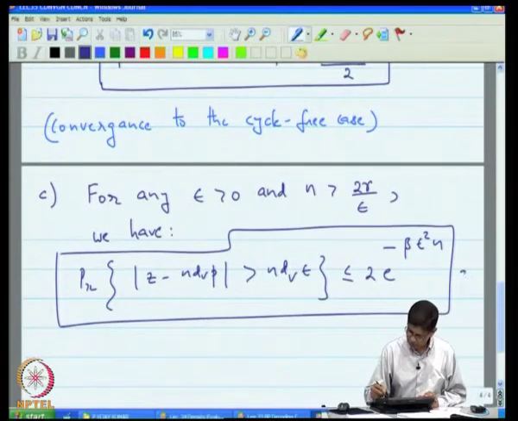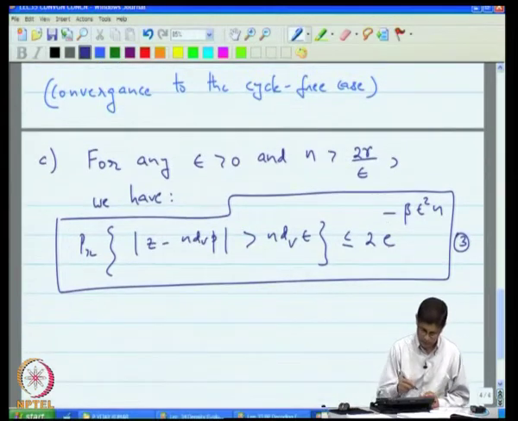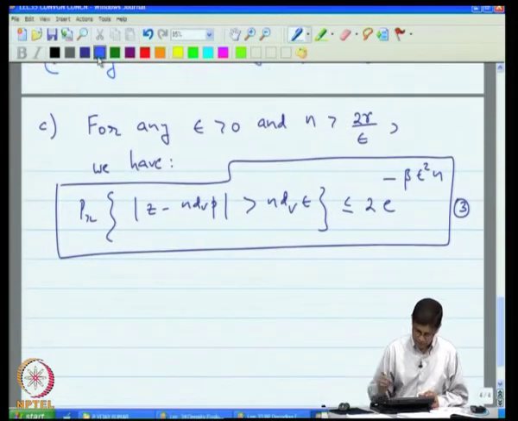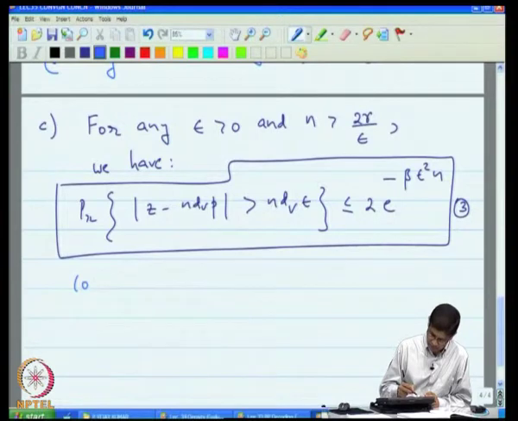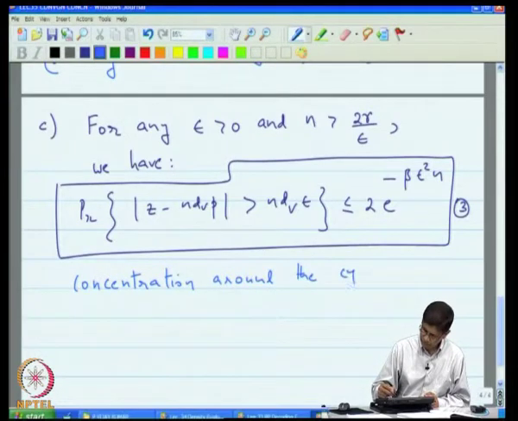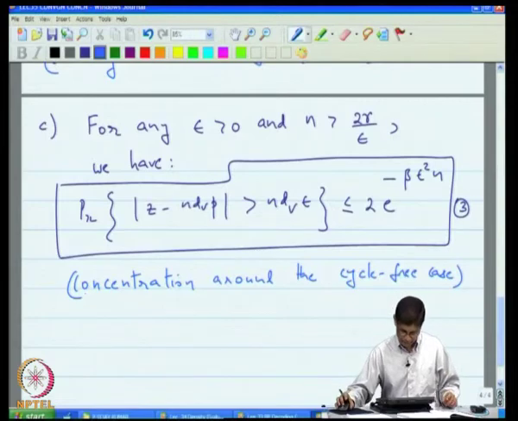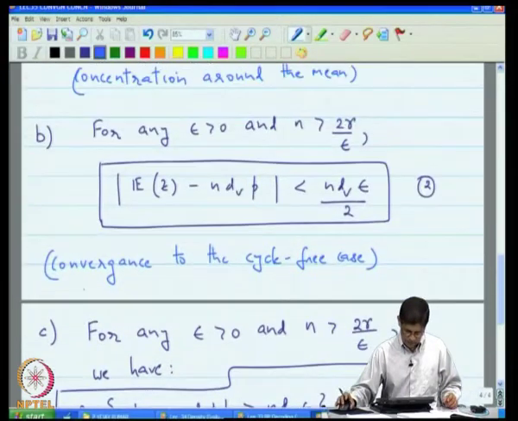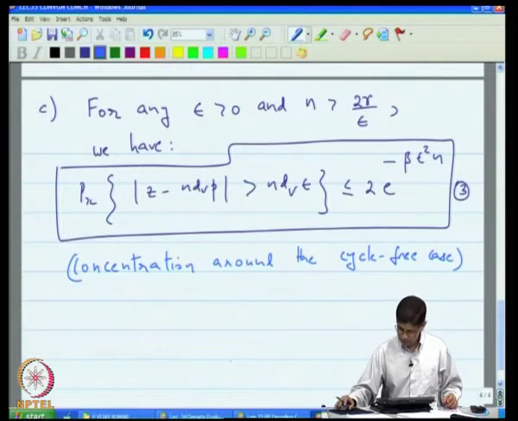So, this is 3. And we will label this as concentration around the cycle free case. Okay, so that is a lot of symbols and a lot of writing. Let us see what these symbols mean.